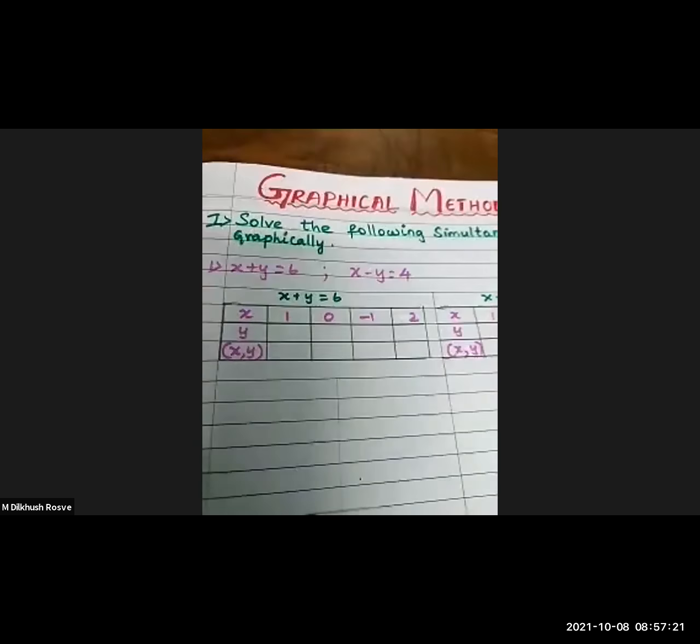Why are we finding 4 coordinates? Because if one coordinate is not on the line, we can adjust with the other. So that's why we have to find 4 coordinates. And here also we are finding 4 coordinates, 4 points.